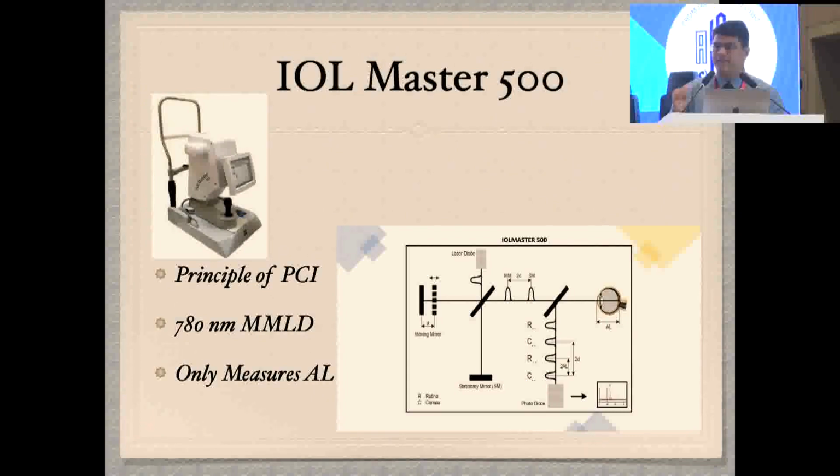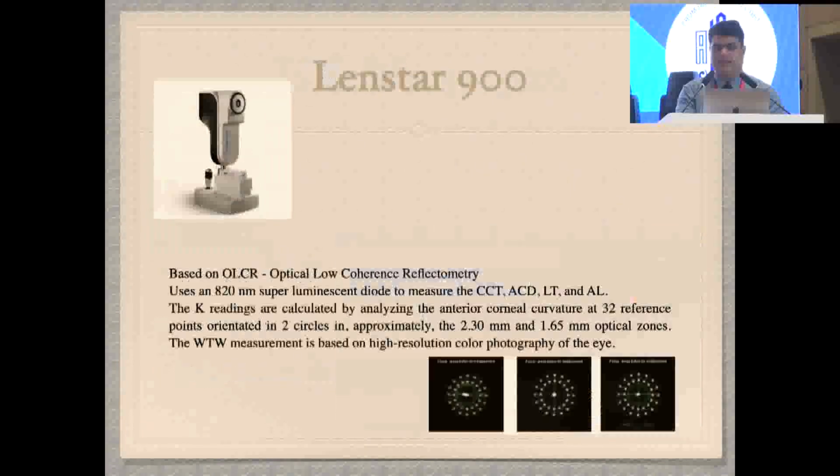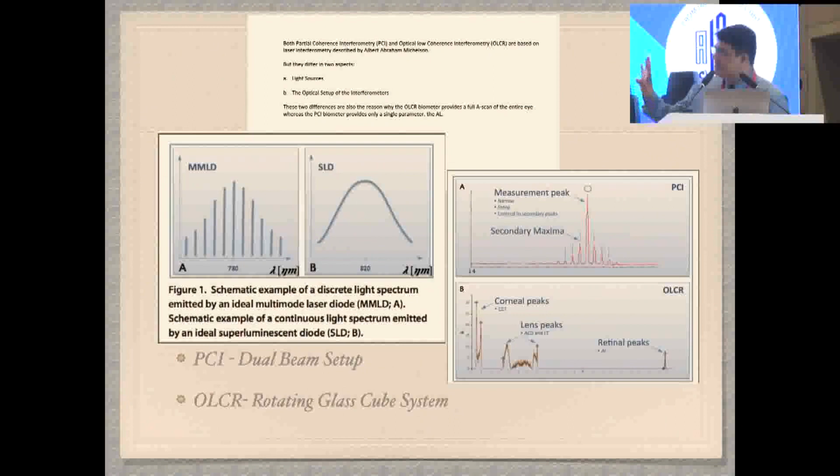All other parameters needed for the newer generation formulas, like anterior chamber depth and lens thickness, were not measured by IOLMaster 500. Then came LenStar 900, based on optical low coherence reflectometry, using an 820 nanometer superluminescent diode. It truly measured corneal thickness, ACD, lens thickness, and axial length. So these are the basic differences between the IOLMaster 500, which uses PCI, and the OLCR of LenStar.